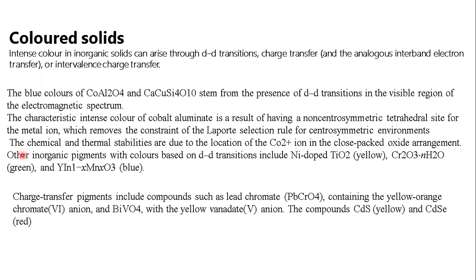Now the chemical and thermal stabilities. This compound is chemically and thermally stable. Alumina and silica are already very stable compounds. The silicon-oxygen bond in silica and the aluminum-oxygen bond in alumina are very stable. Sand is very unreactive, and alumina is also like that.